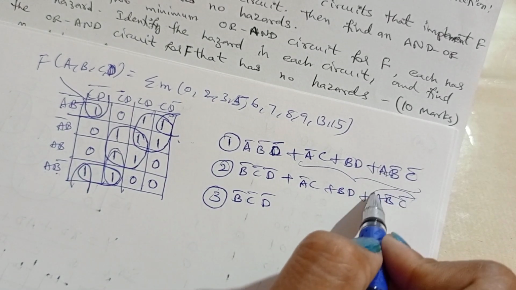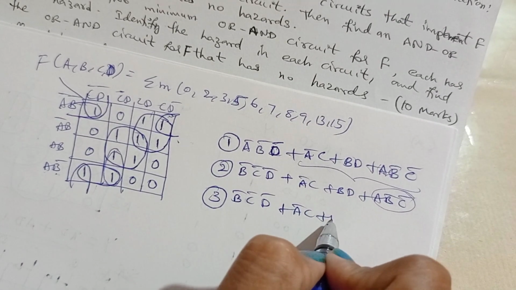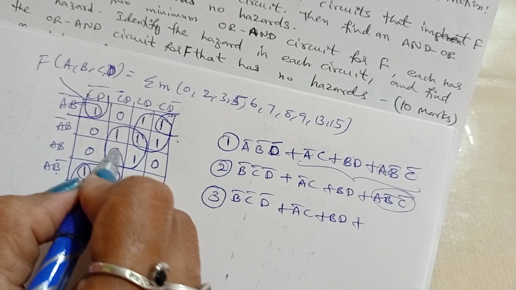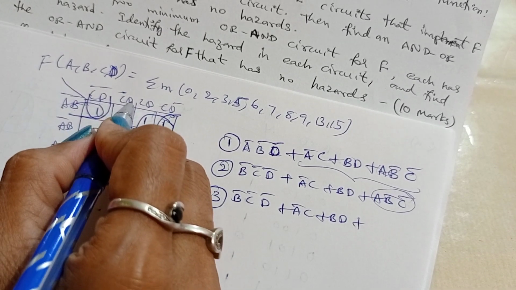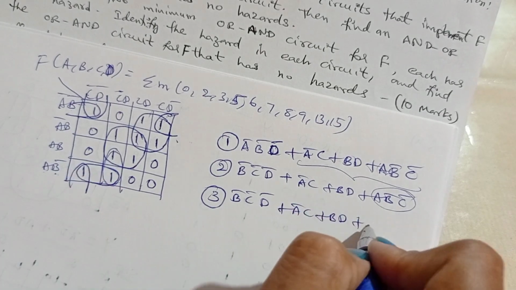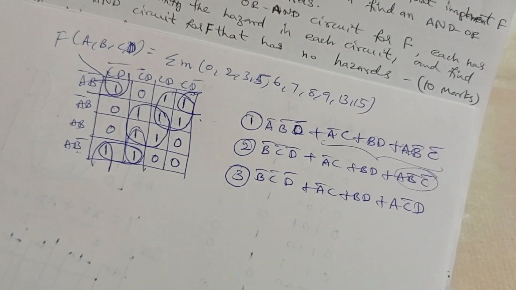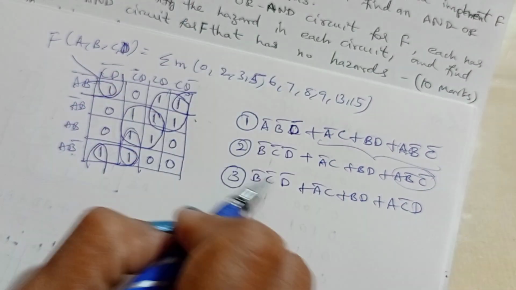This term will be changing. We'll get instead of this, we'll get this one, that is here C bar D and A C bar D. This is the three different minimum and or circuits.